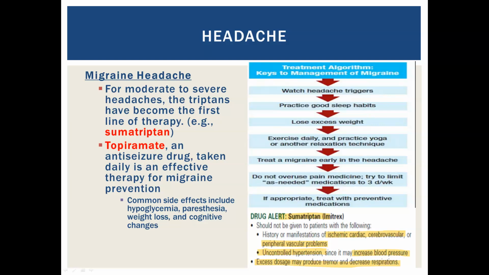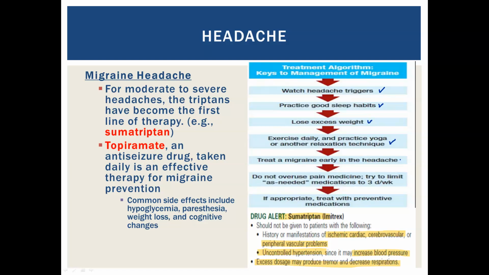So here is kind of just this algorithm, right? We're going to teach them or watch them for headache triggers. We want to teach them good sleep habits if possible, diet and exercise, that's everything health promotion and maintenance, right? So relaxation techniques, that includes us making the rooms less noisy, less stimulating, so that the clients can get a lot of rest.